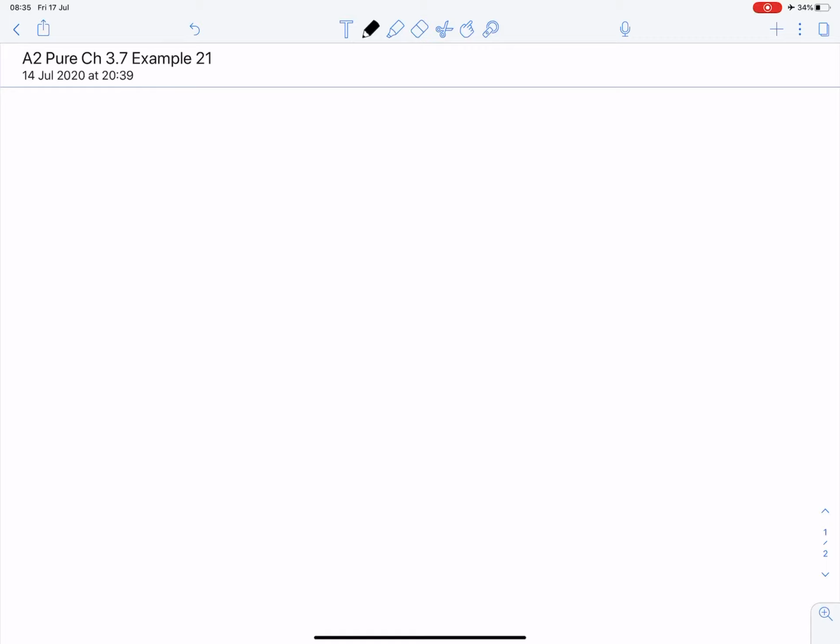Okay, so just before we do example 21, we're going to introduce a little bit more language into our sequences and these recurrence relations context. So a sequence is increasing if you think about lots of things.